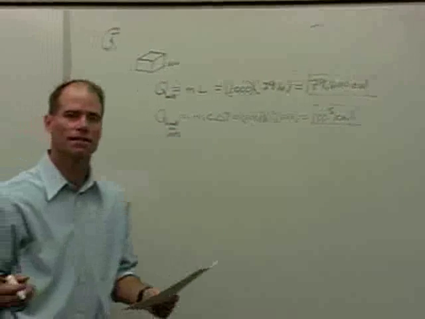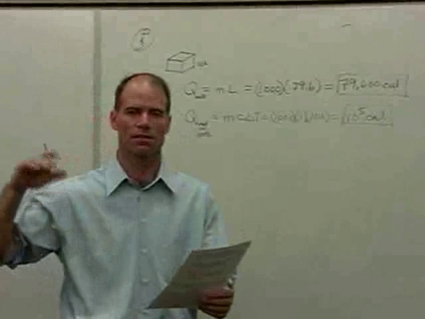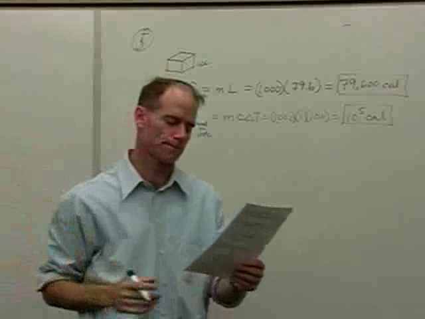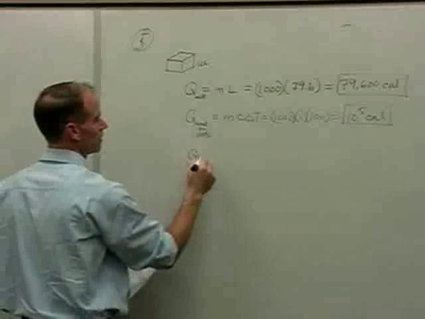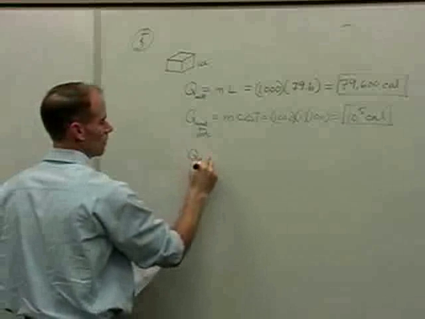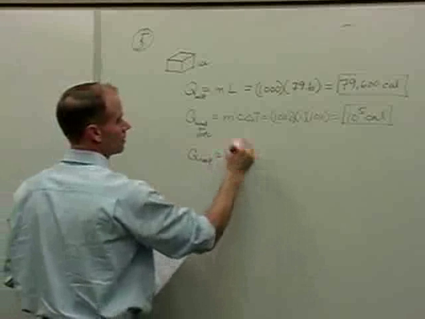And then we need the heat to transform it from water at 100 degrees Celsius to steam at 100 degrees Celsius. So that will be the heat of vaporization, which is mass times latent heat of vaporization. This one's of fusion.